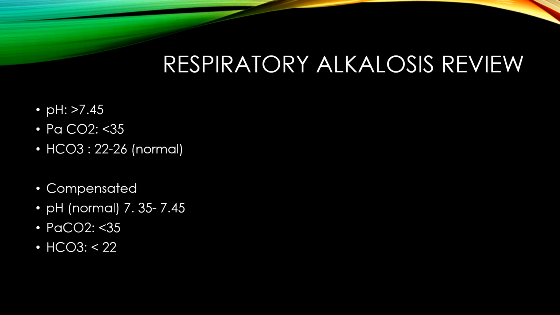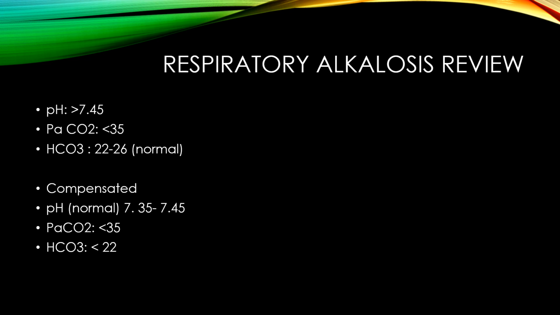So what we will see also is just like the PaCO2 has dropped and the bicarb has dropped, that's what's going to bring that ratio back into a normal range, and our pH will go back into a normal range of 7.35 to 7.45.